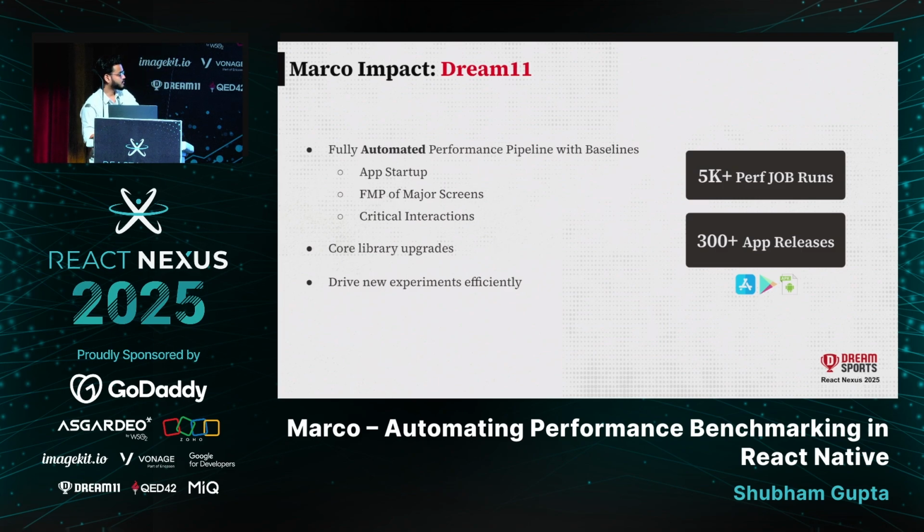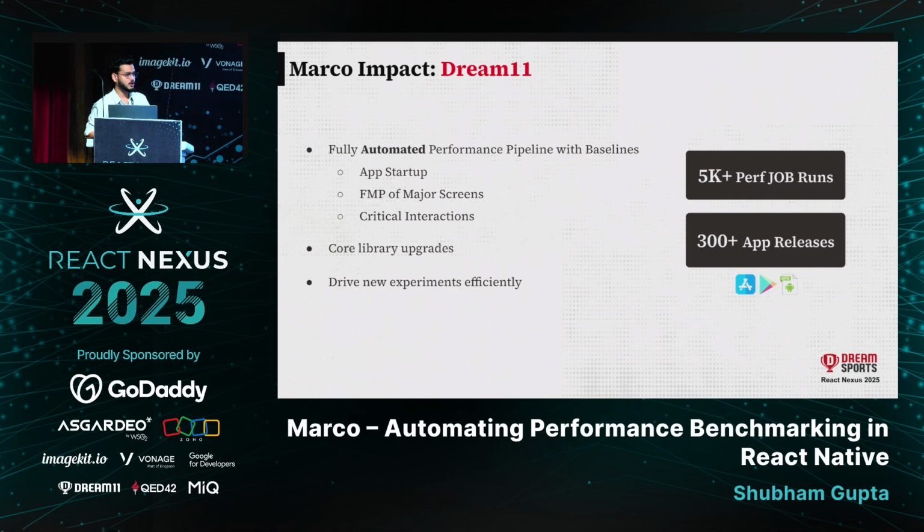All right. So till now we had seen what performance really means, what the common problems are that many apps face, and how Marco solves this. Let's see how in Dream11 we are using Marco. Right now we have a fully automated performance pipeline which tracks various major metrics, starting from the very important and very first, app startup time.